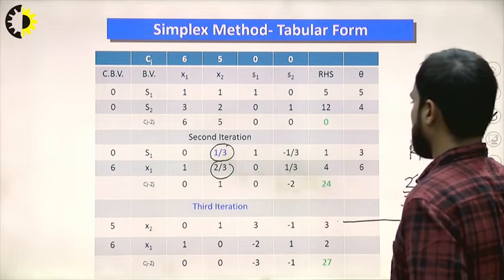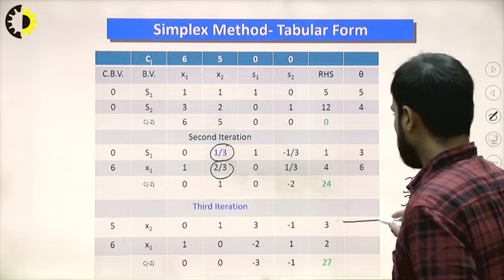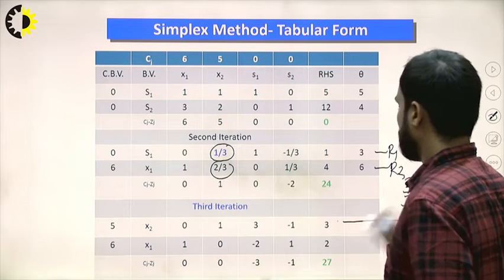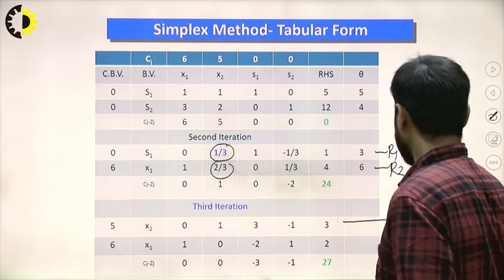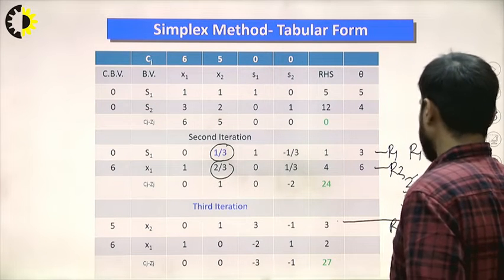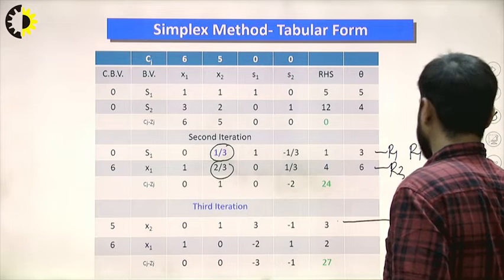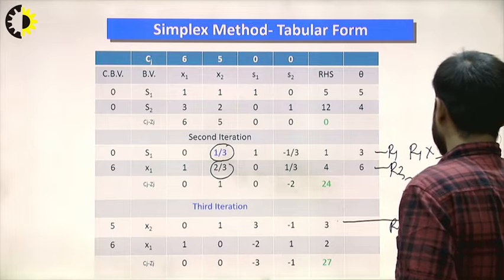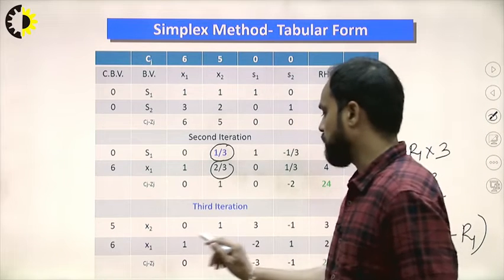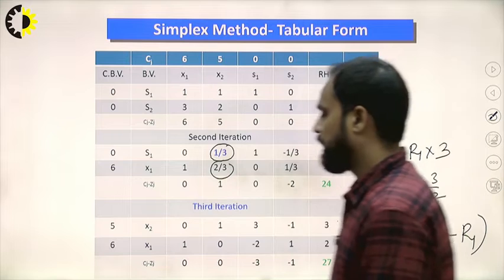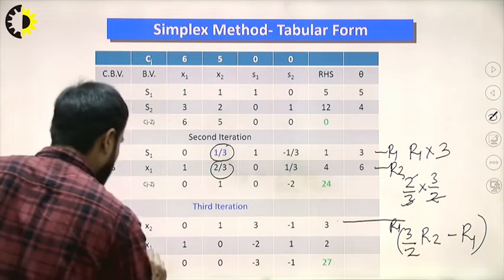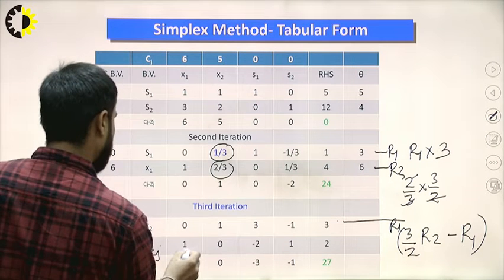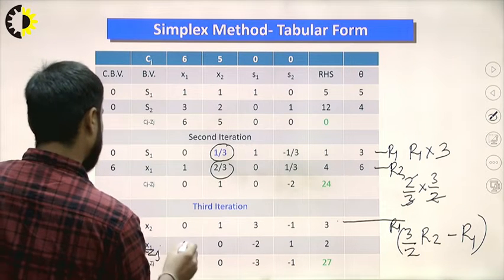Or we can say, suppose this equation is R1 and this equation is R2, right? We obtain R1 here. So we can apply 3 by 2 R2 minus R1. Just apply the operation and we will get 1, 0, minus 2, 1, 2. And again we are calculating Zj: 0 into 5 plus 6 into 1 becomes 6.